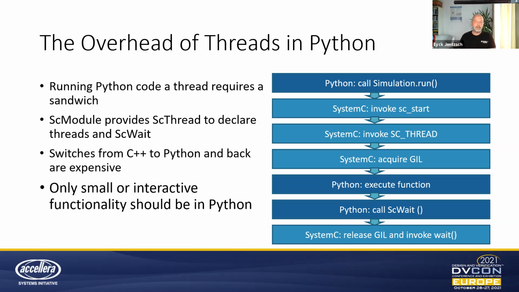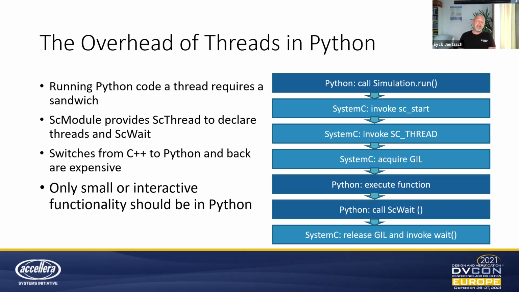In the SC thread, as soon as it's activated, it needs to acquire the global interpreter lock of Python. Then it switches to Python and invokes the interpreter, which then does whatever it wants to do. At a certain point there, you will call sc_wait in Python, because currently only sc_wait is supported.